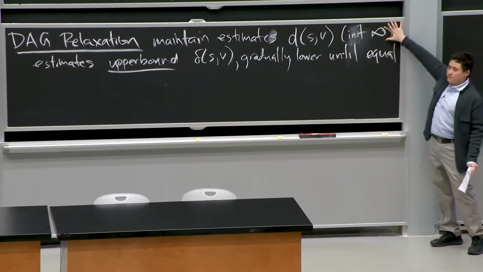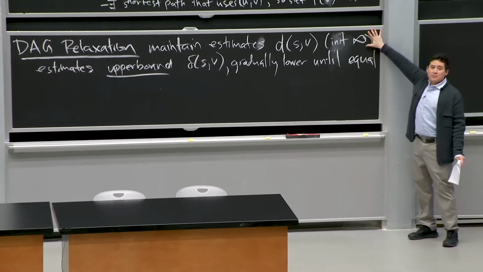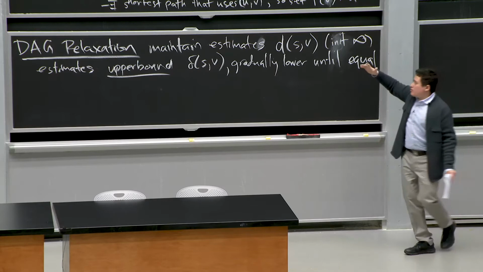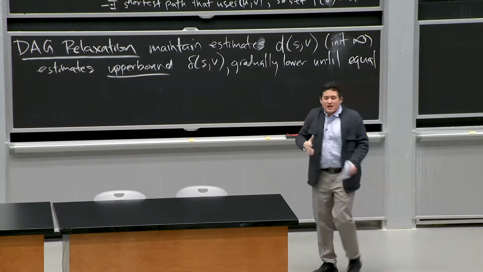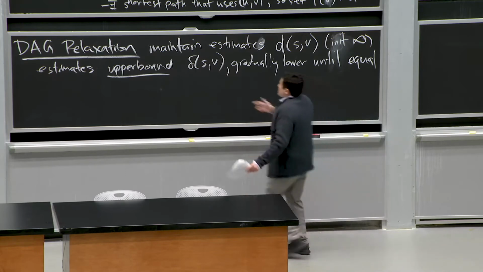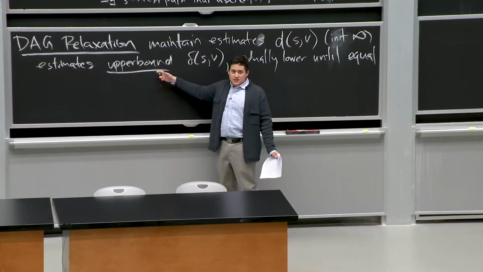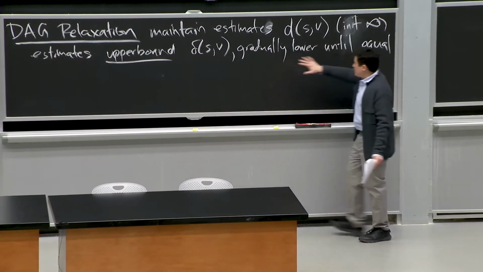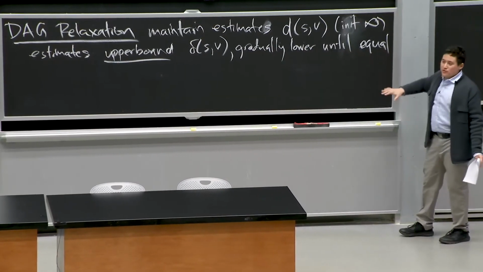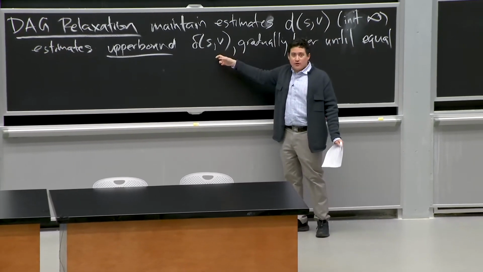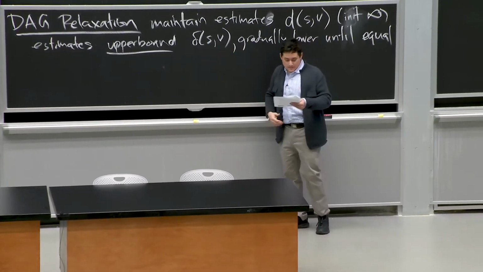We start from an overestimate, an upper bound on the distance estimate. And then we're repeatedly going to lower that value as we gain more information about the graph, maintaining that we're always upper bounding the distance. And we're going to keep doing it until, as we will try to prove to you, these estimates actually reach down all the way to our shortest path distances.